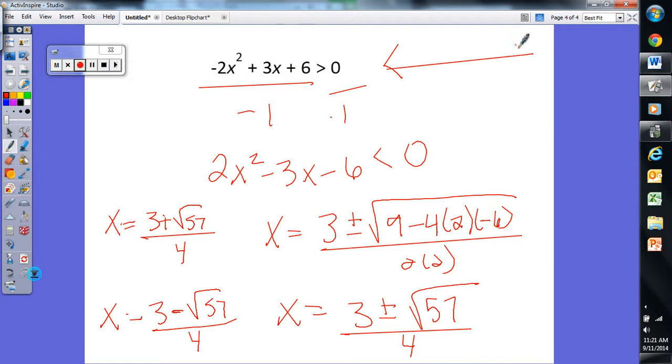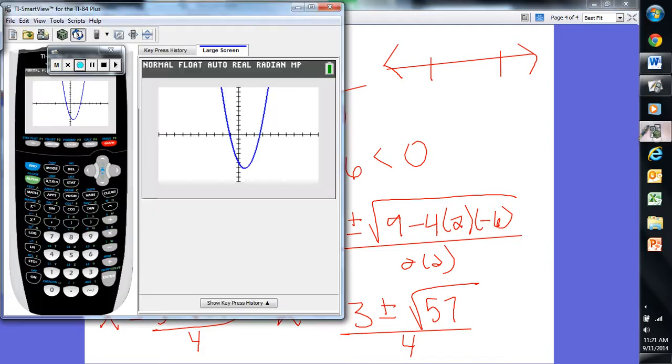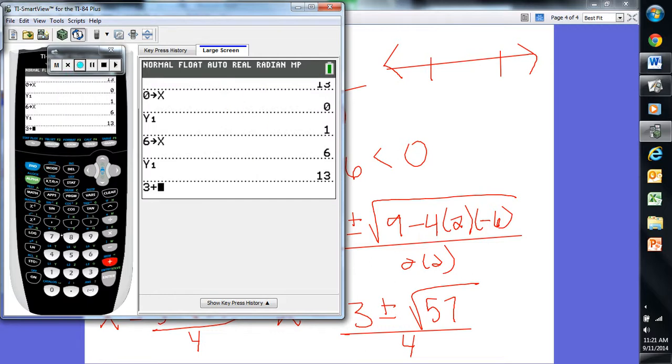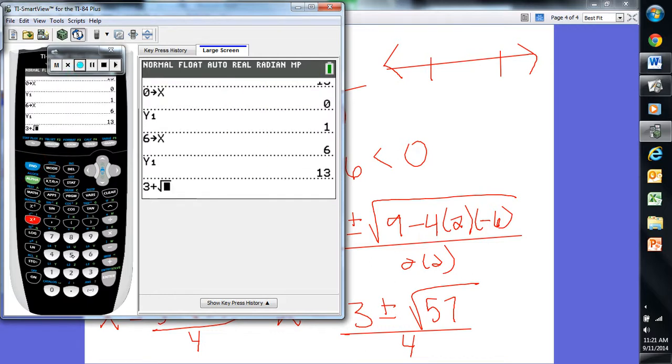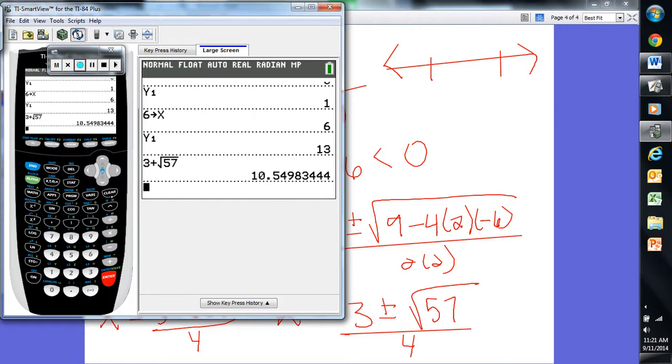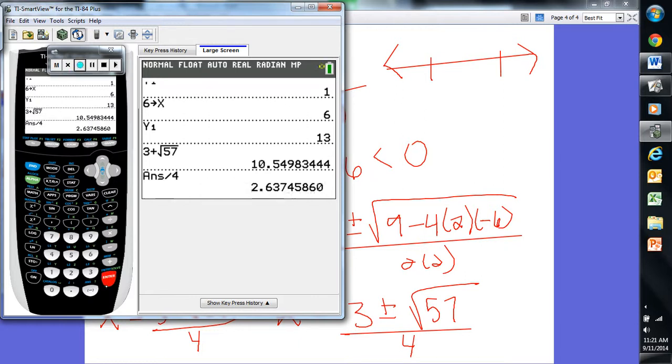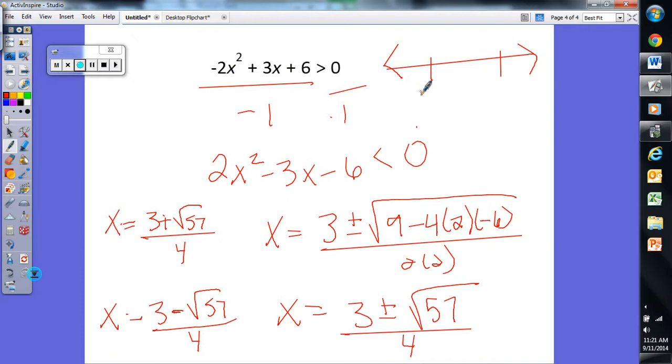However, those aren't my answers because remember I have to have intervals on my graph because I want to know when it is negative. So hopefully you can type this in your calculator. 3 plus square root 57 divided by 4. So about 2.63. This is probably the bigger one.